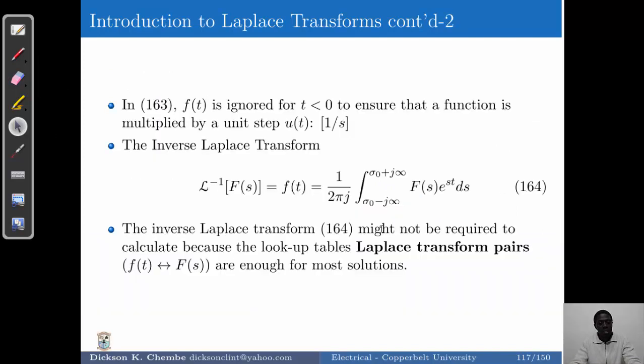So after you get your solution, you have to take the inverse Laplace transform. This is our inverse Laplace transform.